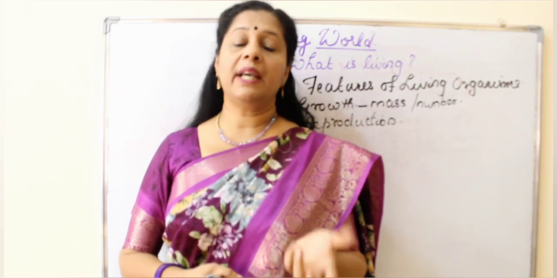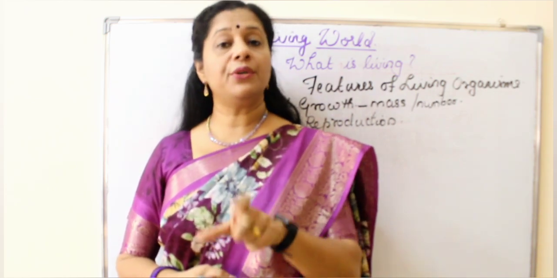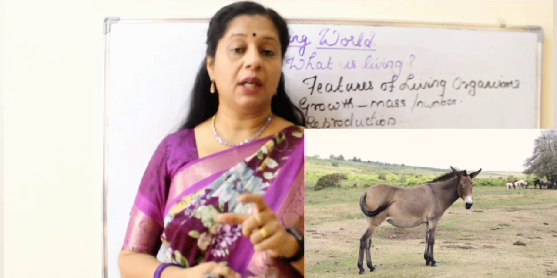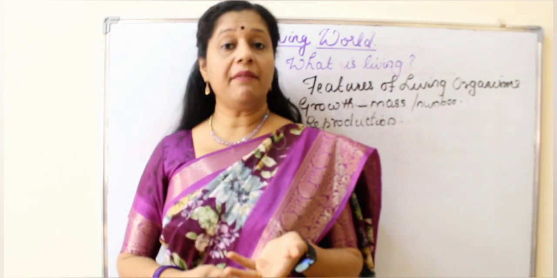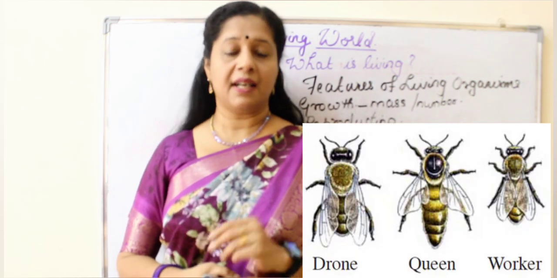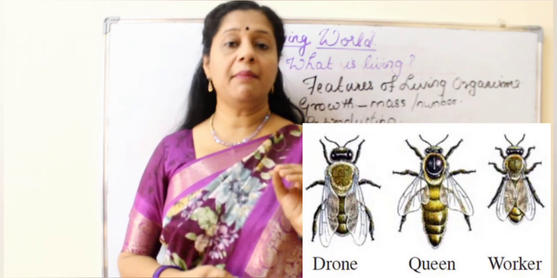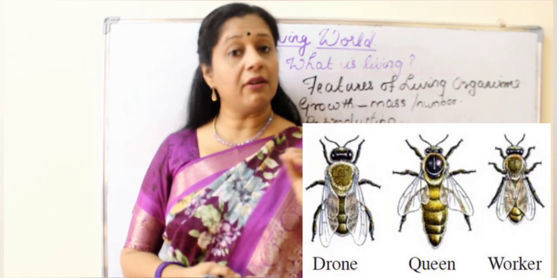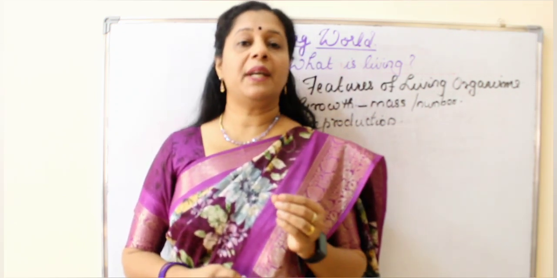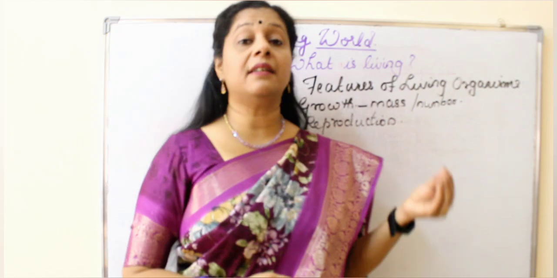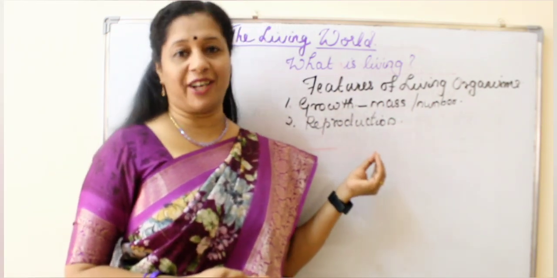For example, donkey and horse: if you hybridize, you are going to get a new organism called a mule. But that mule is sterile by birth, it cannot reproduce. In the same way, in honeybee colonies, there are worker bees, they are females but they are also sterile, they cannot reproduce. But are they not living? Yes, of course they are also living. So we cannot say reproduction is a defining property of living organisms.